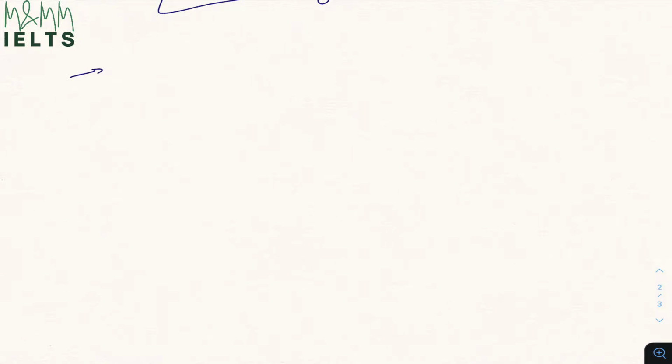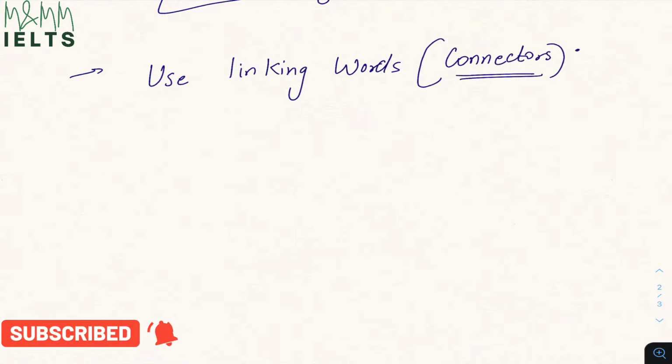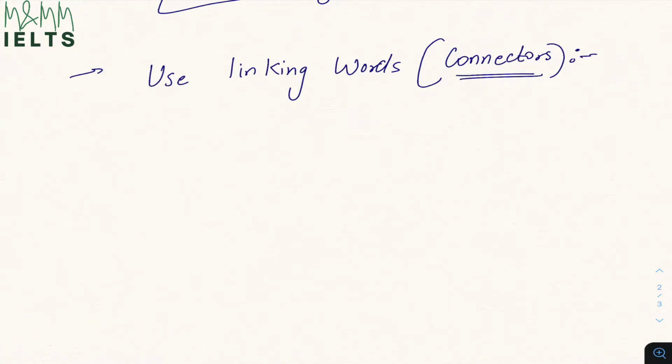A few things I can suggest is to always and always use some linking words, or in simple terms, connectors to connect sentences. If I finish a sentence, I should not just start the next sentence with different information.